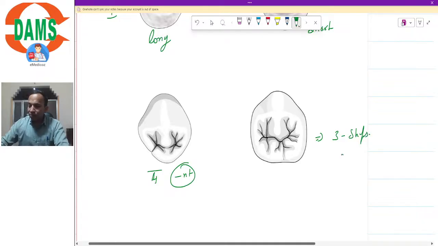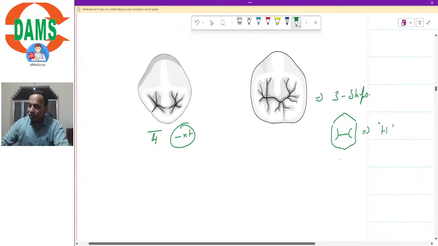right? If it is a two-cusp tooth with prominent features, then the central groove is defined as H-shaped, right? If the features are a bit rounded and it is yet a two-cusped tooth, then it might have a U shape.